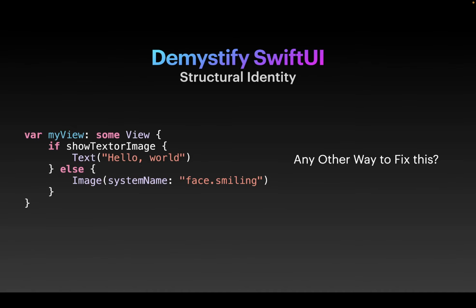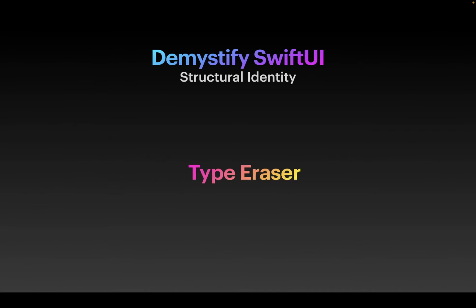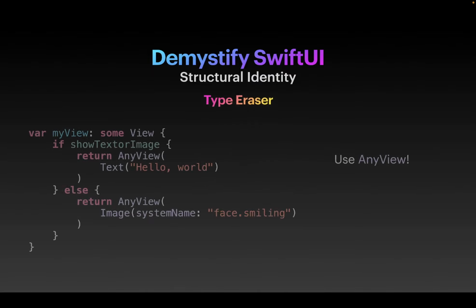Now, there are some other ways to fix that, to silence the compiler. One thing you can try is called a type eraser. One famous type eraser here is something called AnyView. Essentially it's just a wrapper class to wrap a view.